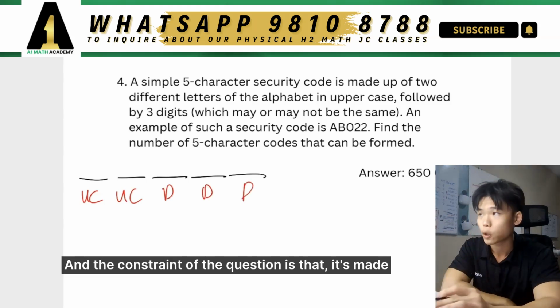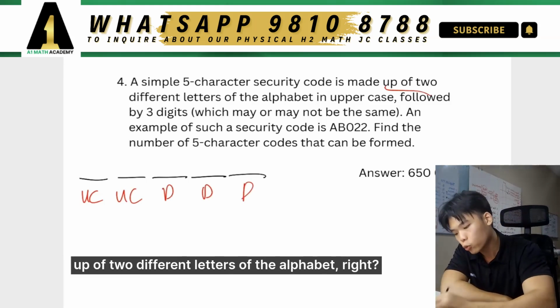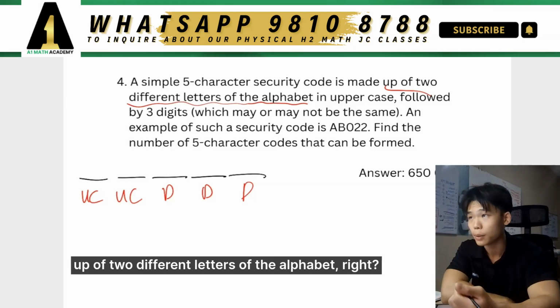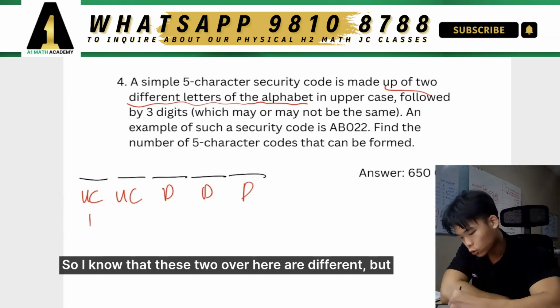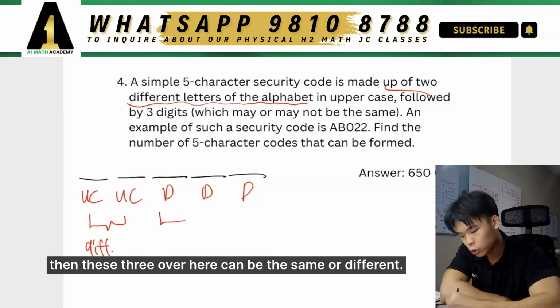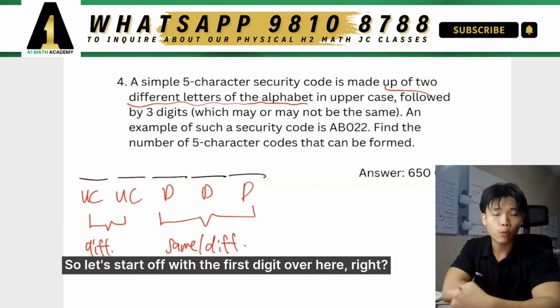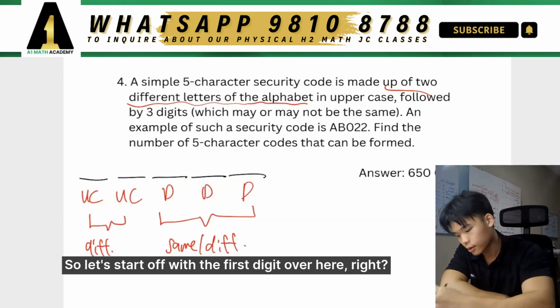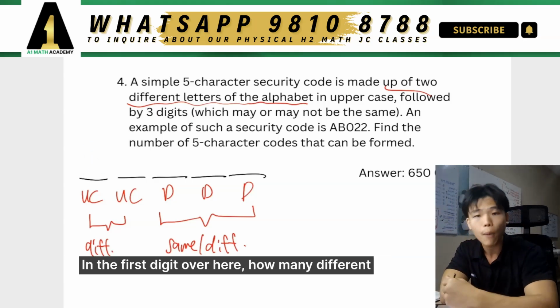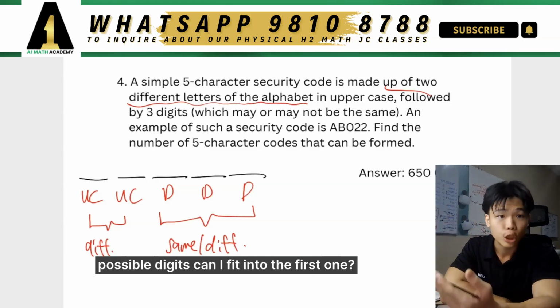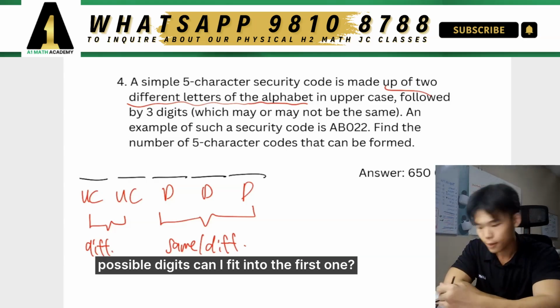And the constraint of the question is that it's made up of 2 different letters of the alphabet, right? So I know that these 2 over here are different. But then these 3 over here can be the same or different. So let's start off with the first letter over here. How many different possible letters can I fit into the first one?